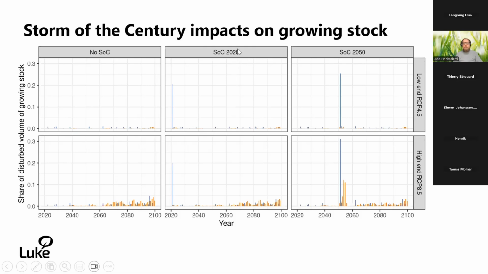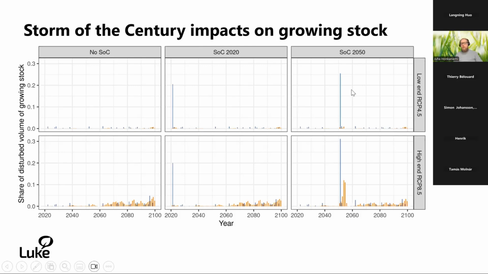If we then simulated the storm of the century for 2020, it causes quite a massive impact, reducing almost 20% of the growing stock. But there is not much difference regarding other following disturbances after that. So there is no big difference between the NOSOC and SOC 2020 scenarios, despite this one peak in 2020.